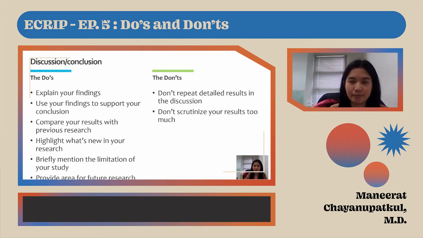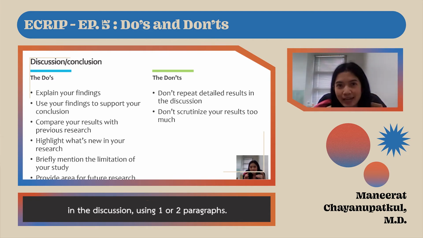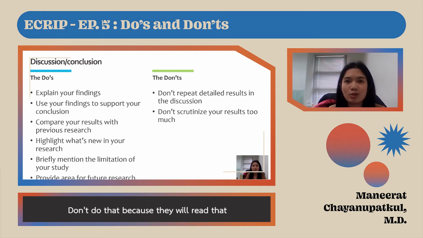What you shouldn't do with the discussion is to repeat the whole result in the discussion. This is a very common mistake that people make when they're doing a discussion. They just put in the result all over again in the discussion, usually 1 or 2 paragraphs. Don't do that, because they will read that in the result section.